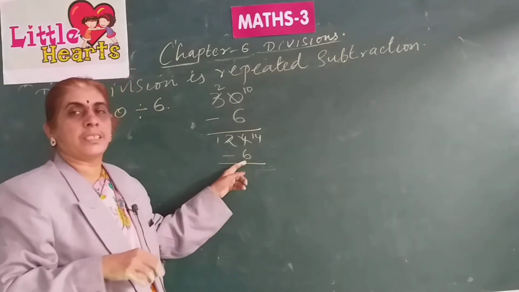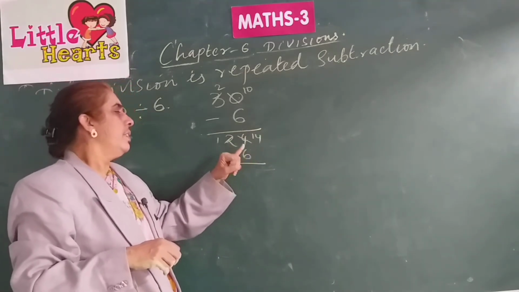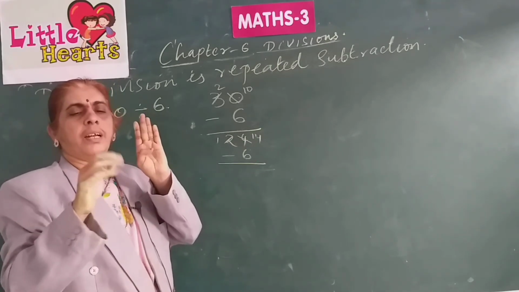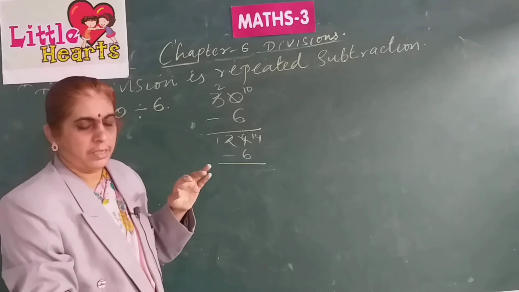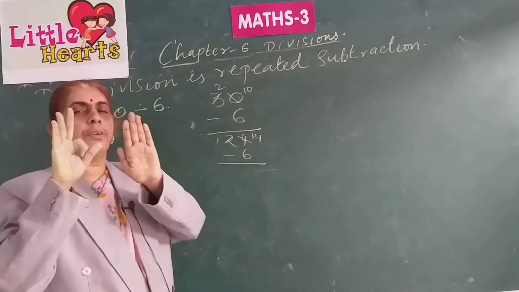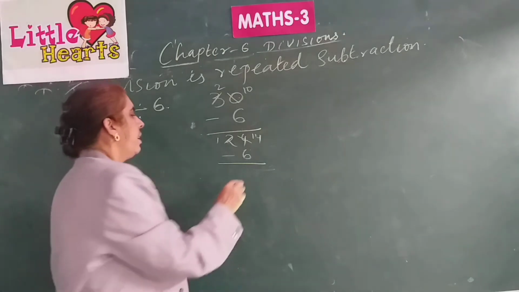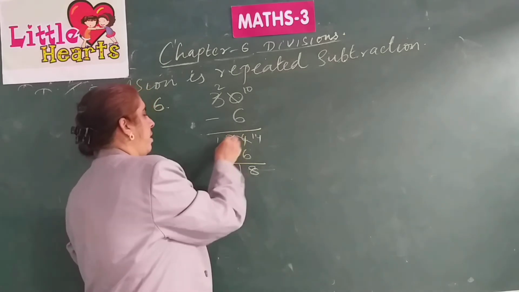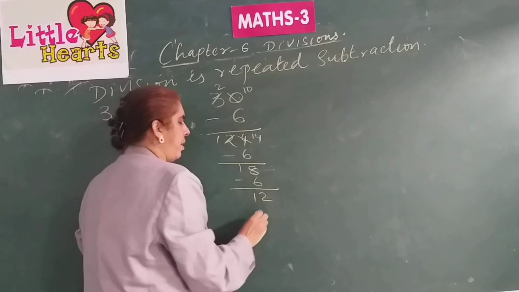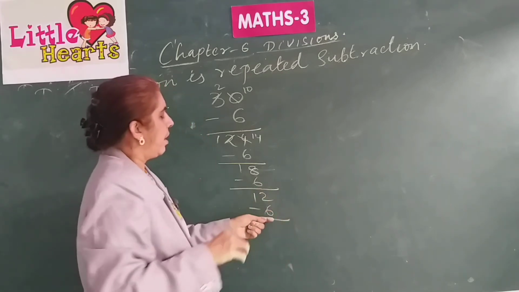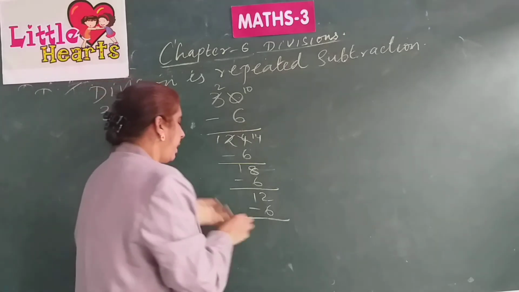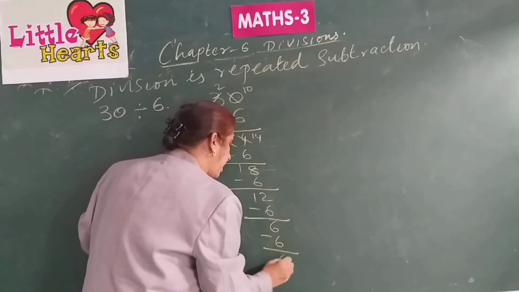18 minus 6 is 12. 12 minus 6 is 6. 6 minus 6 is 0.